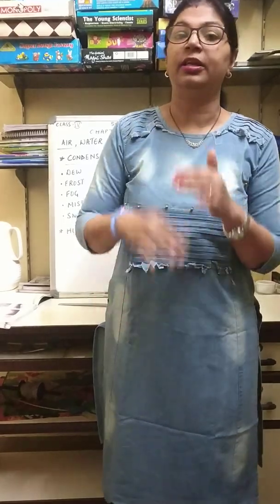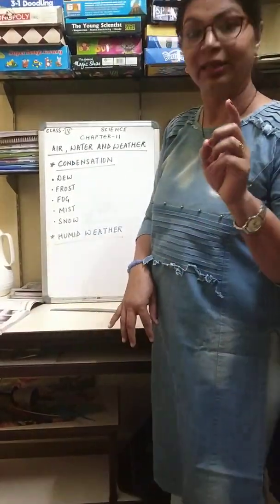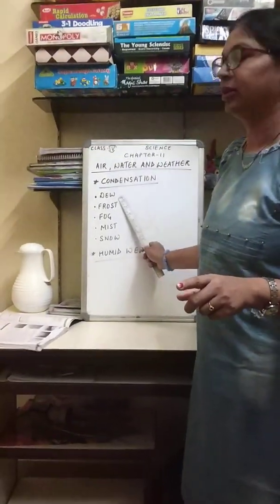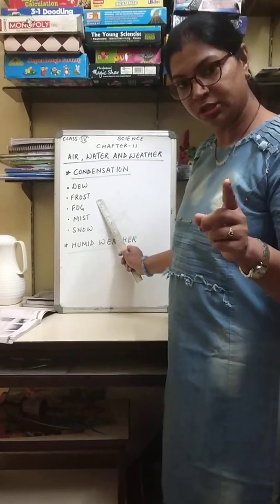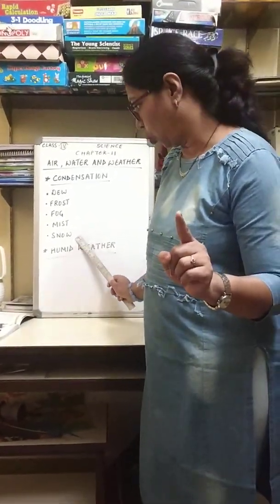Now, there are forms of condensation. Water comes in the form of rain, but there are other forms of condensing water. How does water vapor condense on earth? There are 5 ways in which water vapor condenses: dew, frost, fog, mist and snow.